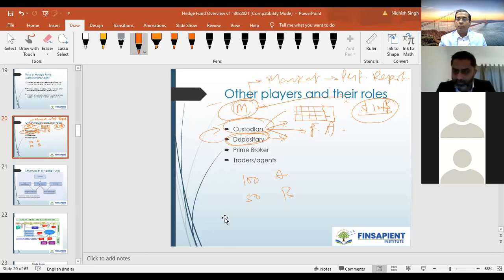Could you please repeat the statement, Nidhish, what you were saying? After confirmation from the depository and the broker, then the custodian is to act, correct? Yeah, so once the trade is executed by the trader for the day, it will be confirmed with the depository on a same-day basis that it has been executed on the exchange, how many securities were bought and sold from the batch.